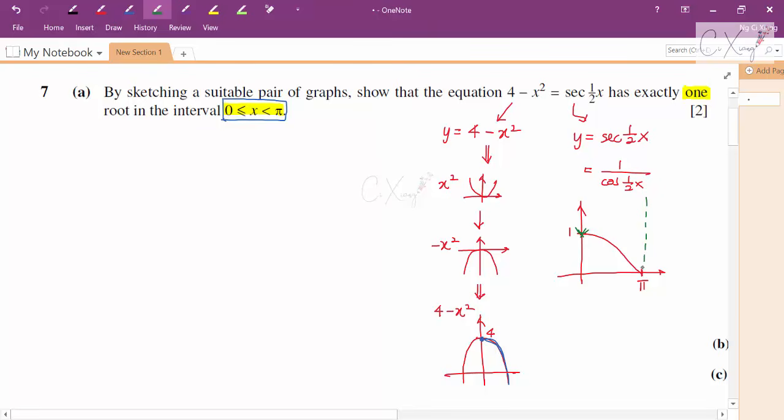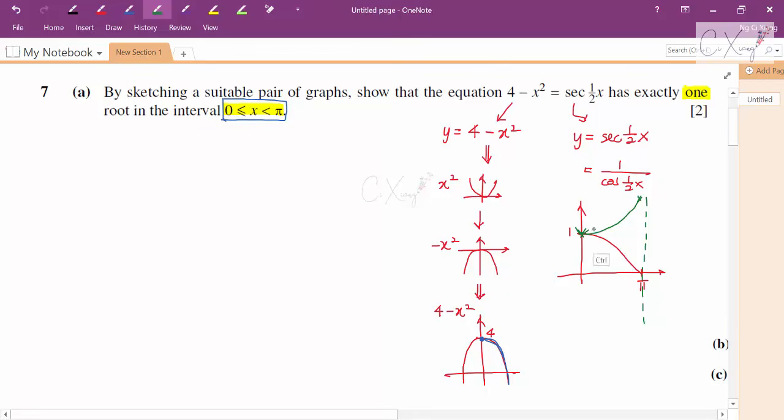When you want to draw the reciprocal function, the 0 in cos will become infinity, because 1 divided by 0 gives infinity, where the line x equals to pi will become the asymptote. So your curve for the secant half x should look something like this. Please take note that this is 1.